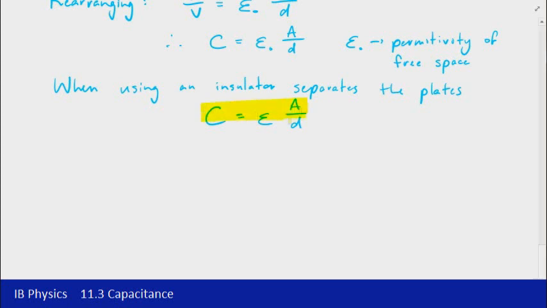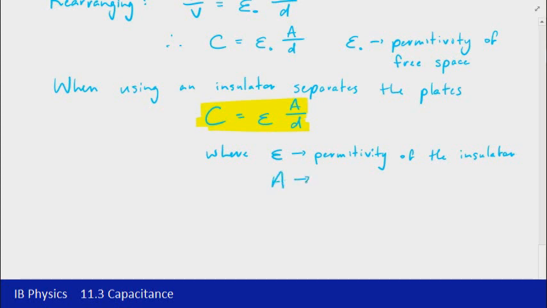So note here that we've got a few different ways that we can increase the capacitance. Let me just note these down. Epsilon here is the permittivity of the insulator, and the units there would be farads per meter, but for the units of permittivity, you'd be given what the quantity is that you're dealing with.